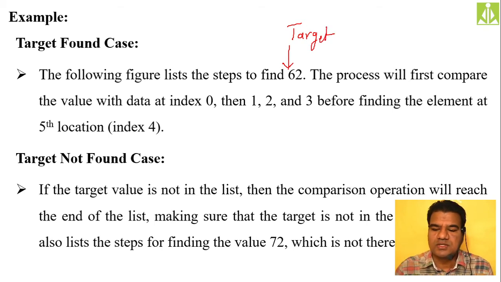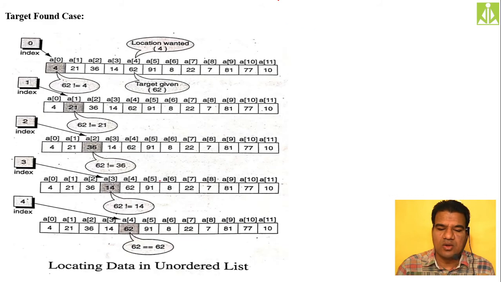Okay, the process will first compare the value with the data at index 0, 1, 2, 3. Likewise, in sequence we proceed from the leftmost element towards the rightmost element. We proceed in a sequential manner, and the element at fifth location is nothing but index value 4. So quickly go and see.